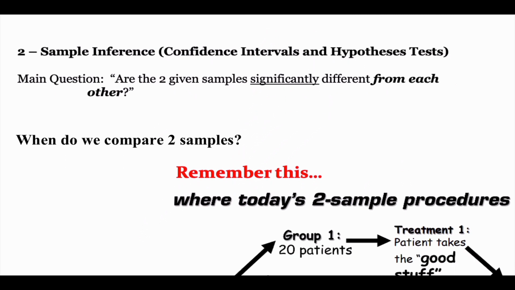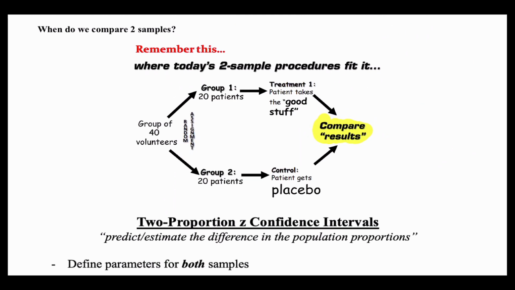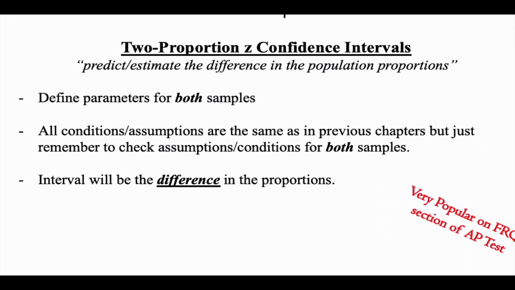Anytime we want to compare two populations versus each other, Central High School versus Central East High School, Garza versus Central High School, we want to compare things, academics, athletics, whatever. That's when we use two sample inference. The first one is two proportion Z confidence intervals.